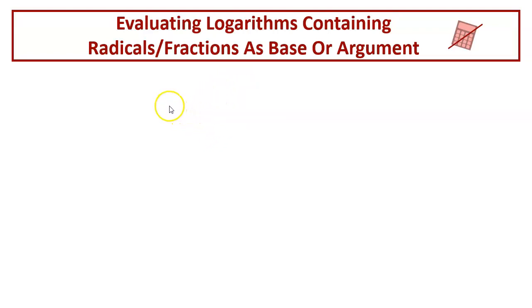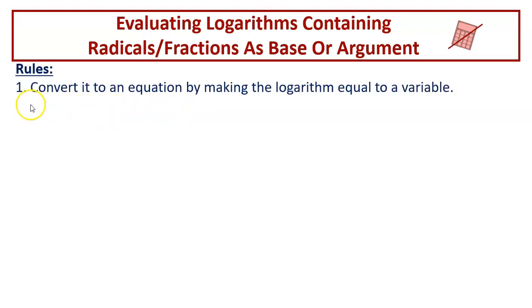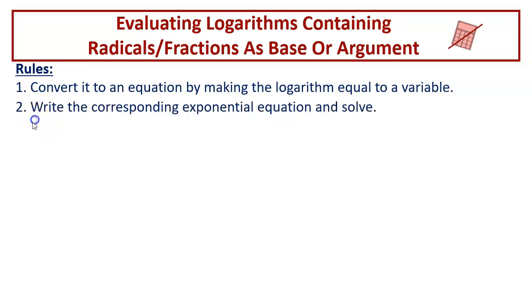First of all, we come to the rules part. First rule says convert it to an equation by making the logarithm equal to a variable. So there will be a logarithm given to us and we will be writing, let that logarithm be equal to x, y, a, b, c, d, any variable. Rule number 2 says write the corresponding exponential equation and solve.